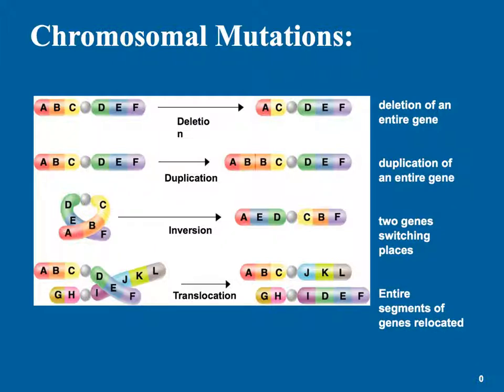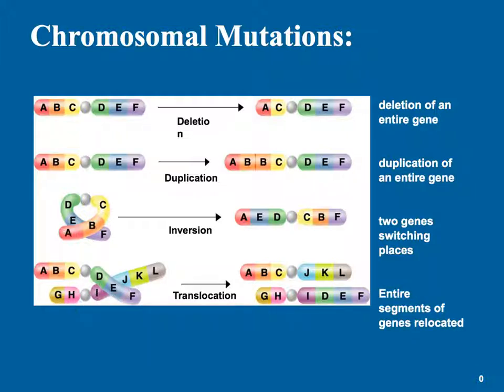And then a translocation is when pieces of a chromosome, or of 2 different chromosomes, can break off and end up on another chromosome, and that happens during cell division. We're going to talk about that when we get into Unit 8. So you can see you have 2 separate chromosomes here. A, B, C, D, E, F is one, and then here's your second chromosome.